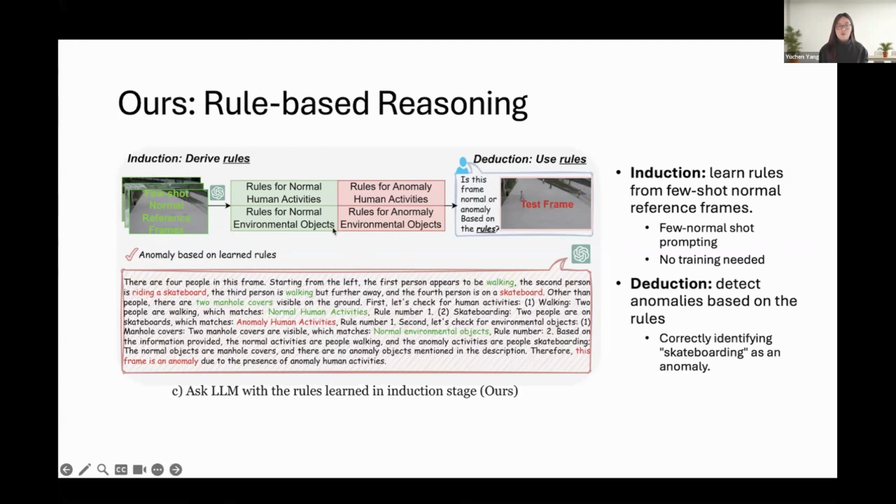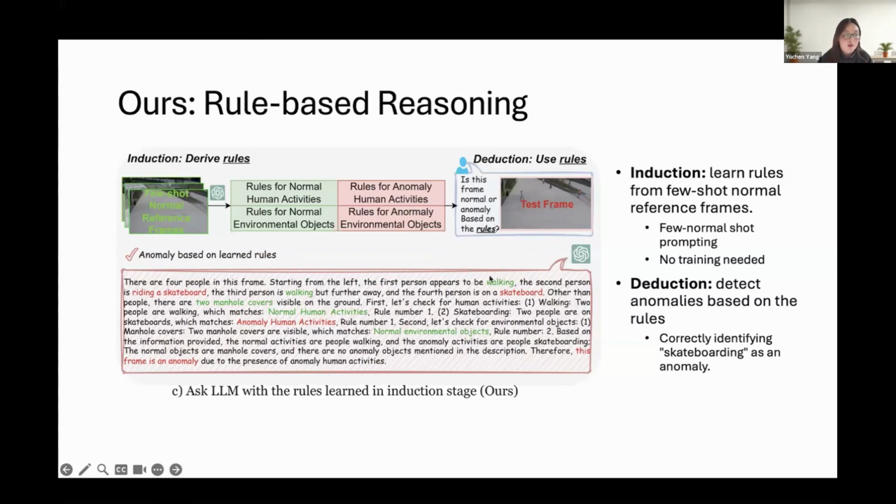And the deduction stage is to mimic the testing stage in traditional VAD tasks. So we use the rules derived from the induction stage to detect anomalies based on the rules.